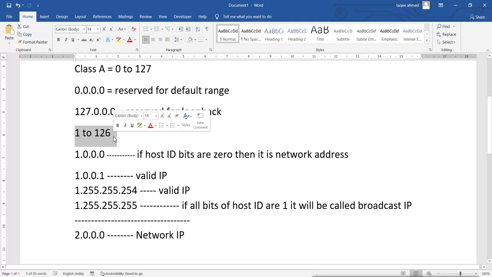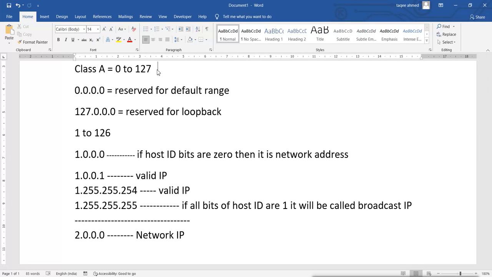We can easily guess it is 1 to 126 because the class is defined by the first part, and in class A the network is also the first part, and in the first part we have IPs from 1 to 126 or 10 to 127. So total networks in class A is 0 to 127, and that is 128. So the total number of networks in class A is 128.